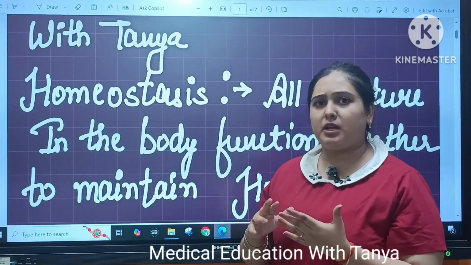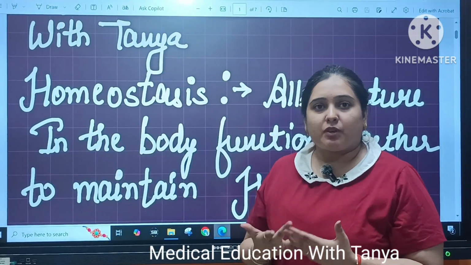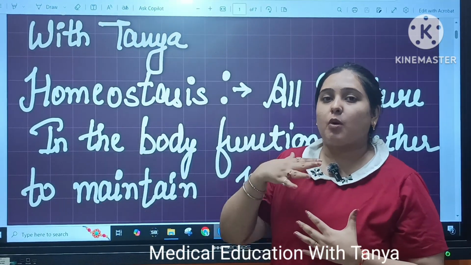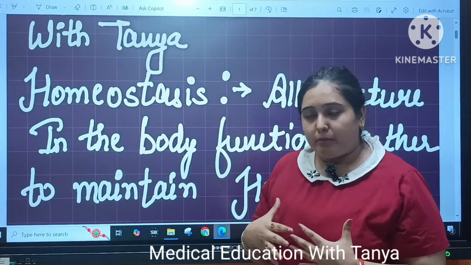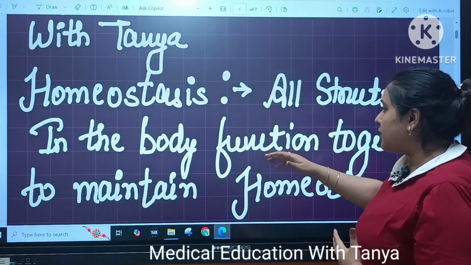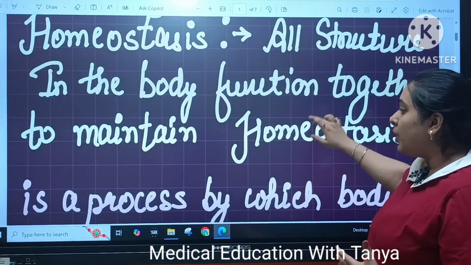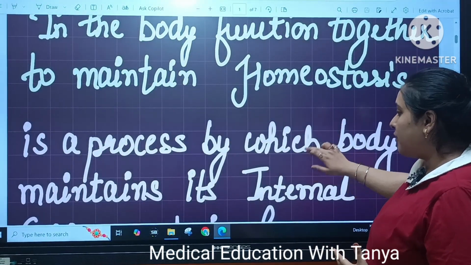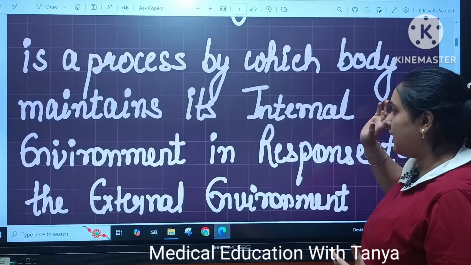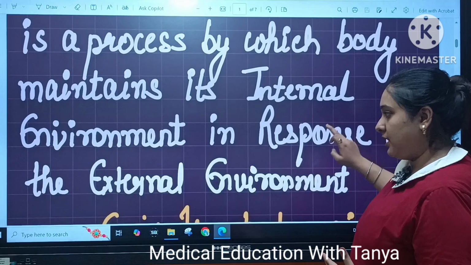That factor may be an environmental factor, or there may be a certain factor due to which our body is adjusting its own temperature. So in homeostasis, all the structures of the body function together to maintain it, or it is a process by which the body maintains its internal environment in response to the external environment.